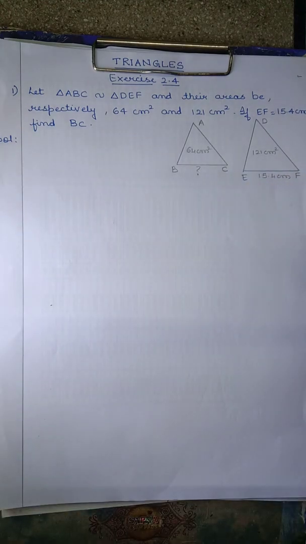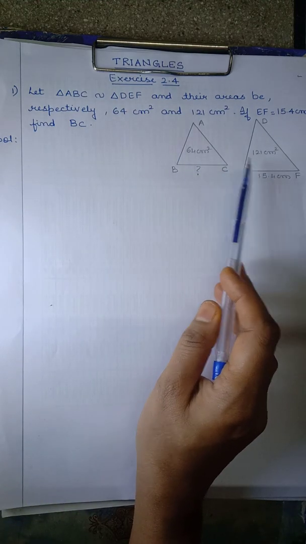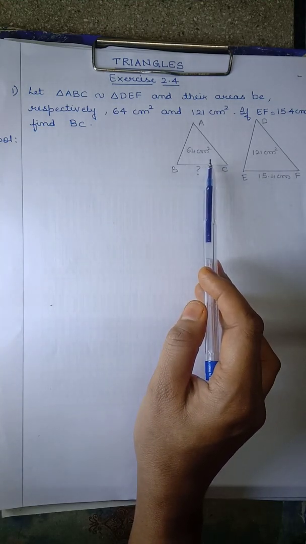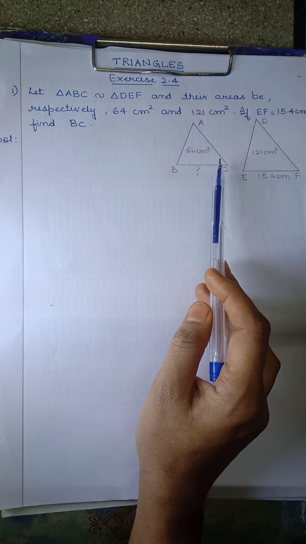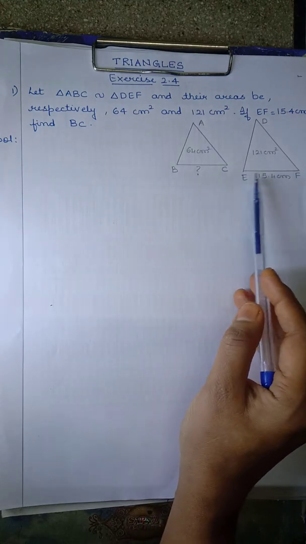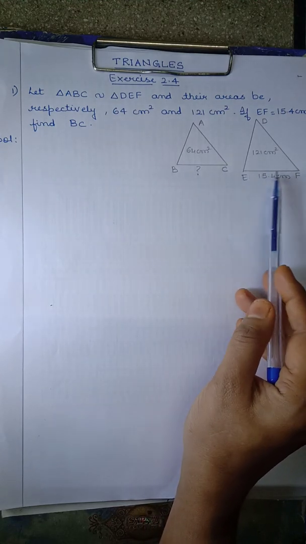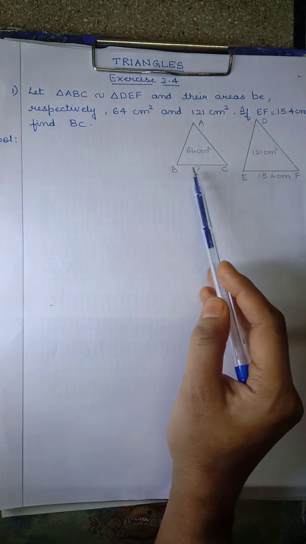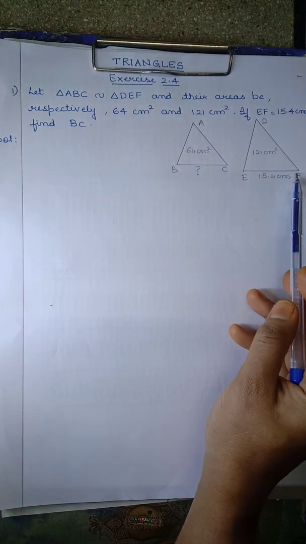Yes, so now you have to use the theorem on areas of similar triangles. That is, the ratio of the areas of these two triangles will be equal to the ratio of the squares of their corresponding sides. So now here EF side is given, children. We have to find the side BC. So here BC side corresponds to EF.